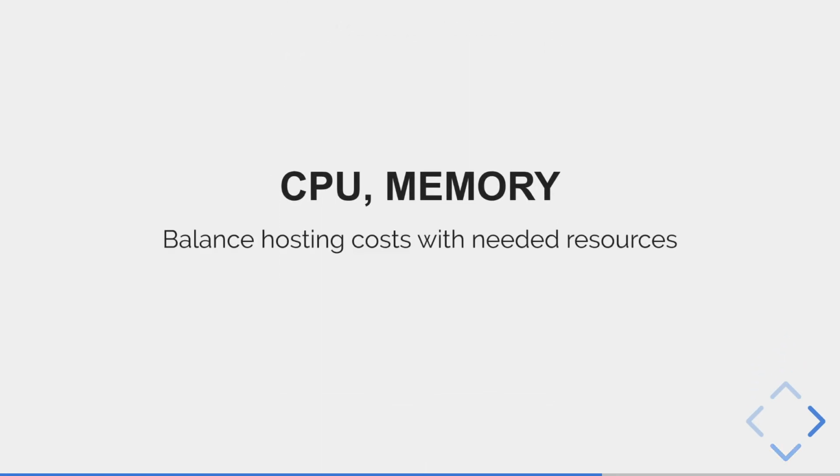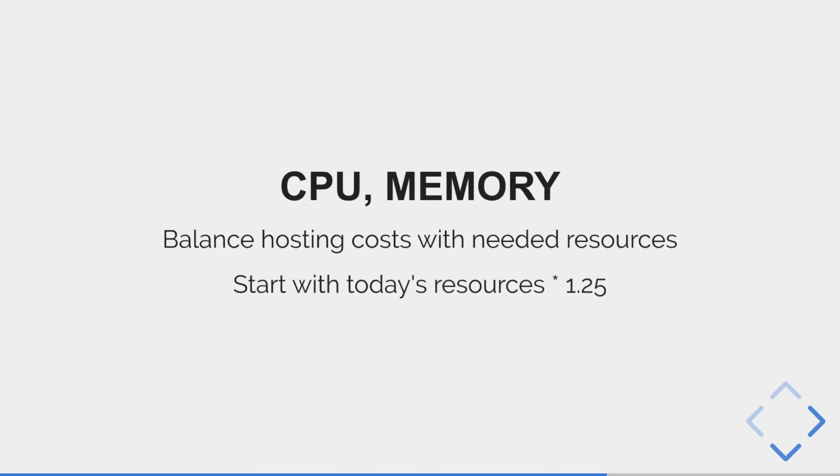What about CPU and memory? Honestly, today we don't need to do complicated algorithms and a whole bunch of estimation in order to figure out exactly what we need. In general, I tend to go with a more gut approach today, and that's because in managed hosting, we have a lot more ability to dynamically allocate more resources as we need. So it's much more effective to balance the hosting costs with the needed resources.